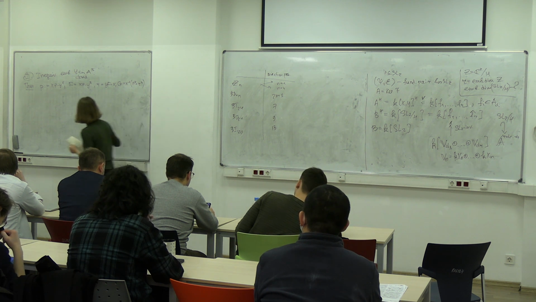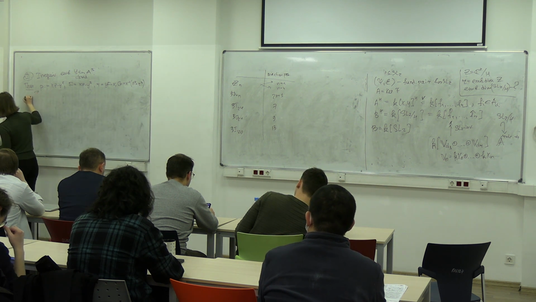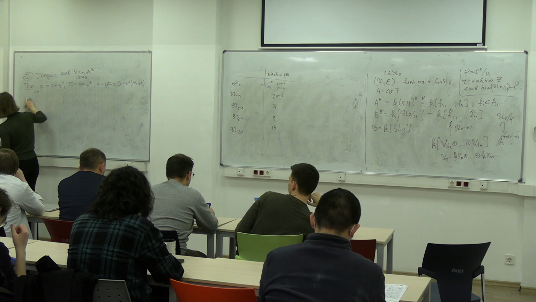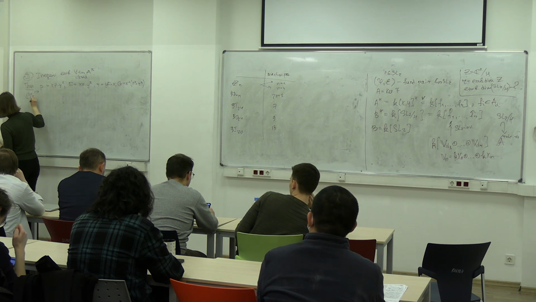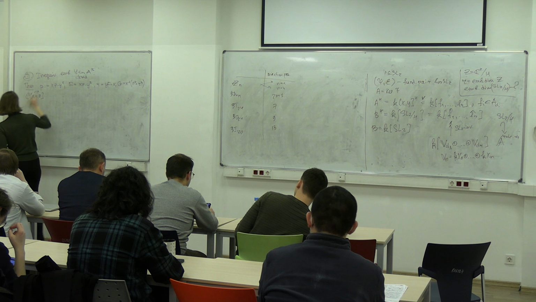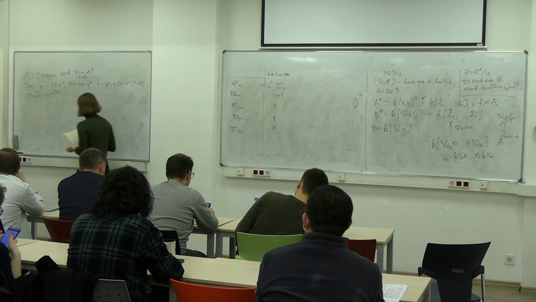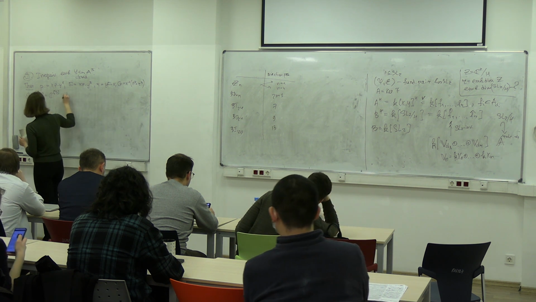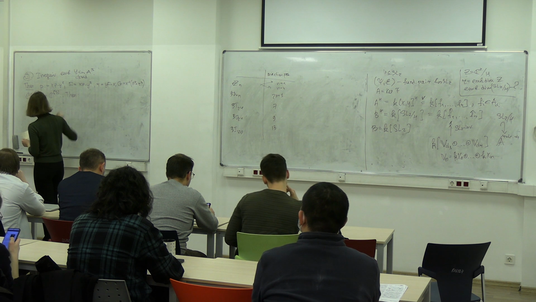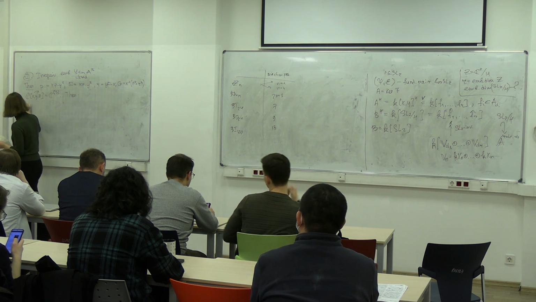These are elements of the polynomial ring over C. X, y, z are independent. And he proves the following.